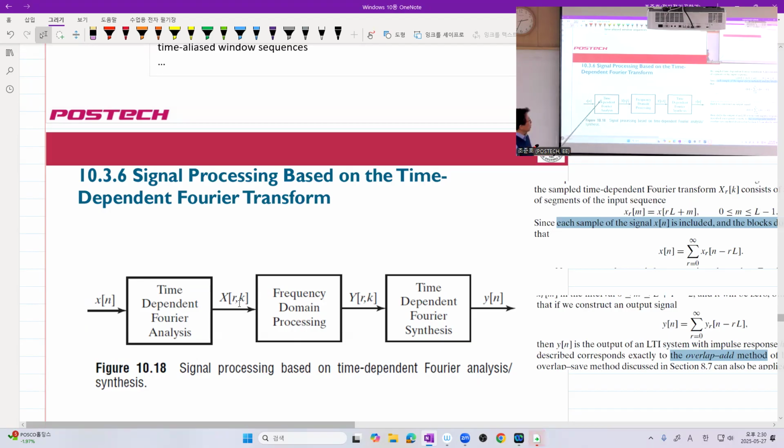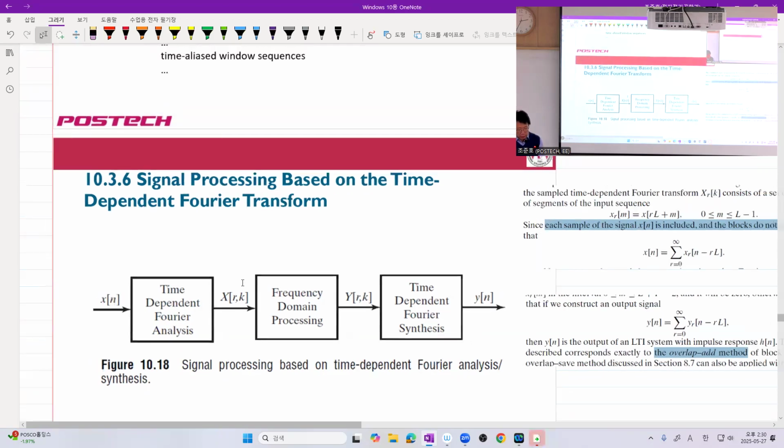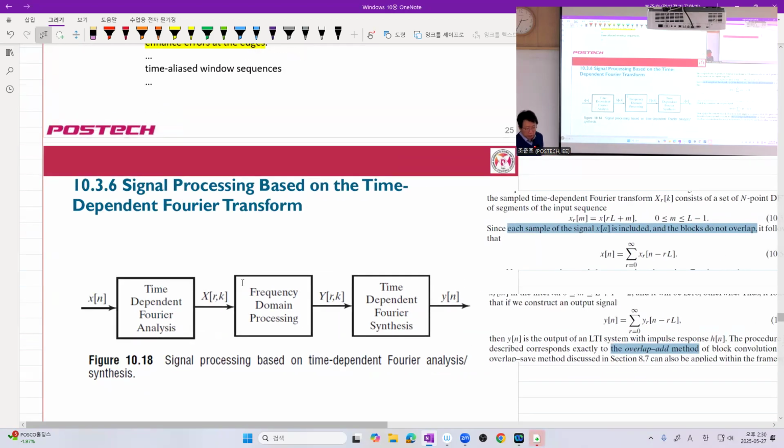And here comes the time-dependent analysis part and the time-dependent synthesis part. If we can approximately or perfectly reconstruct the signal given the window function, and again here, this could be replaced by the short-time Fourier transform, which samples the time-dependent Fourier transform, and this is the short-time inverse Fourier transform.